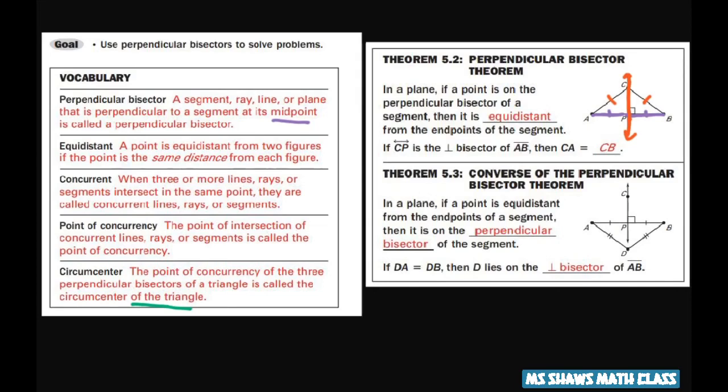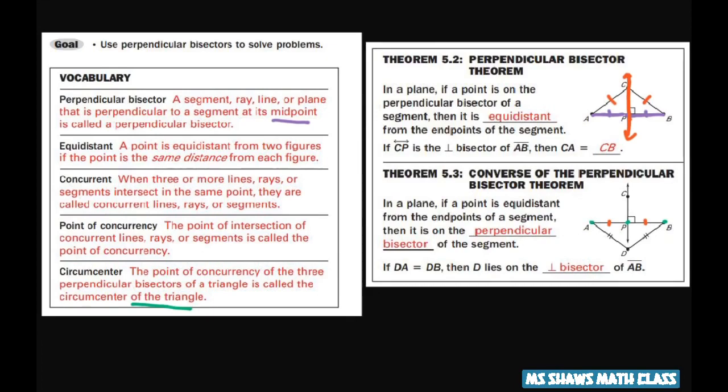If you have a point that's equidistant from the endpoints of a segment, then it is on the perpendicular bisector. So this point, P, is equidistant from the endpoints here, A and B, of a segment.